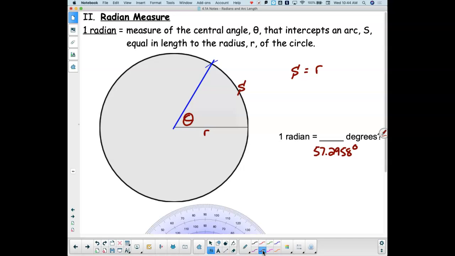So 360 degrees is equal to 2 pi radians. The symbol for a radian is, instead of the degree symbol, an R.